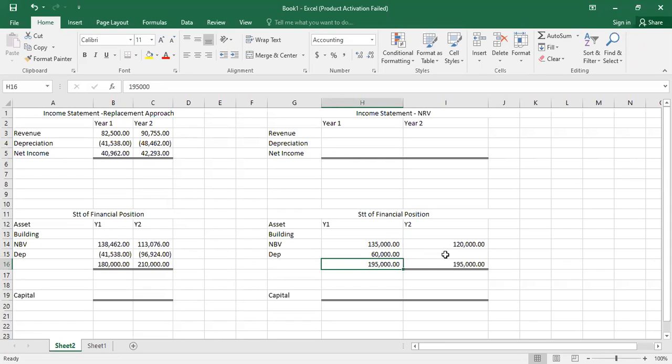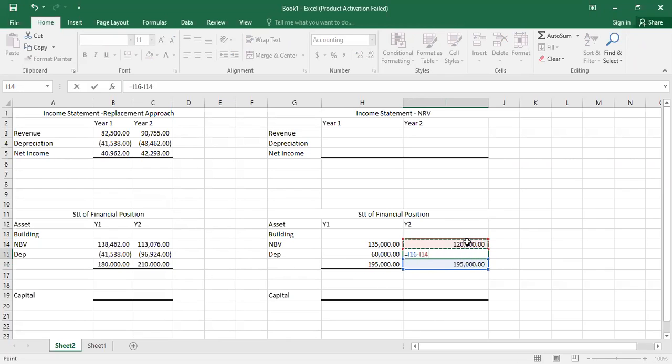This is equal to, our value is 195, we less the net realizable value. In other words, the cumulative depreciation for year 2 is 135 minus 120, which is 15.